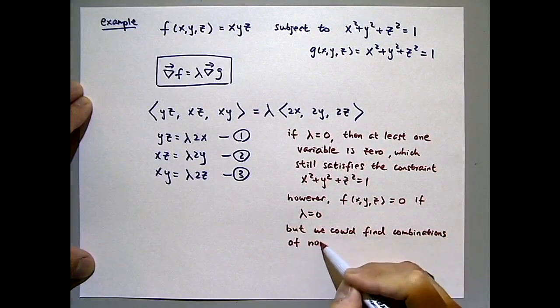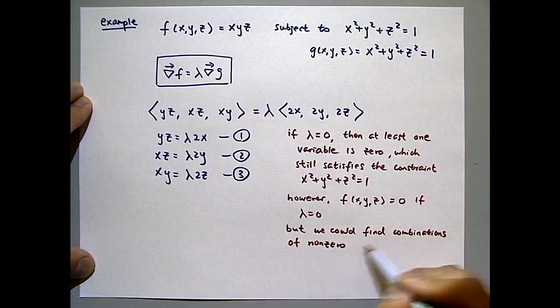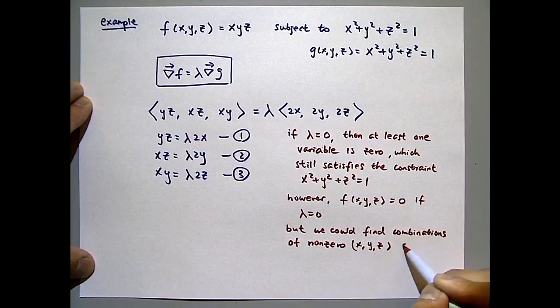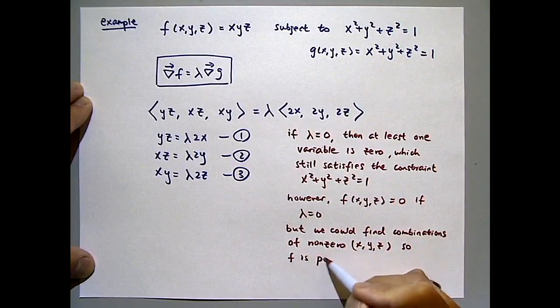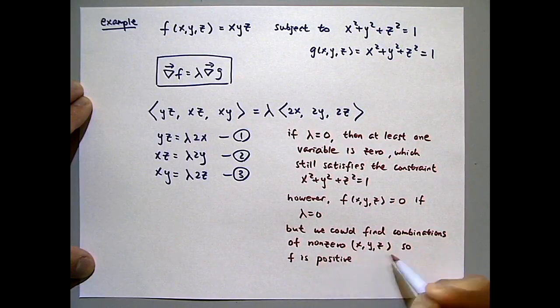But notice that we could find combinations of non-zero x, y, z, so f is positive or negative.